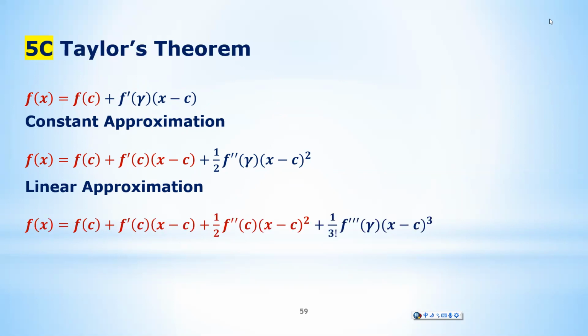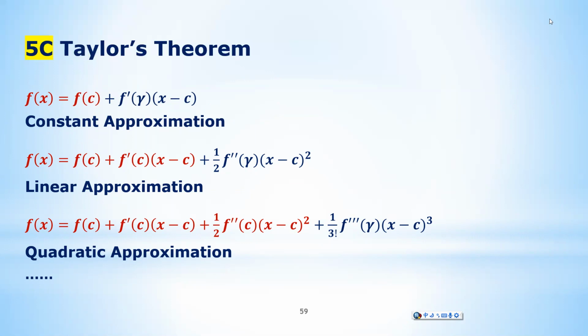Now we choose n equals 3. Then you have an additional term, right? The first 3 terms on the right side all give you information at c. So this is considered the quadratic approximation. You can go on and on as you increase the n value. If you think about n equal to 4, then you have the cubic approximation.